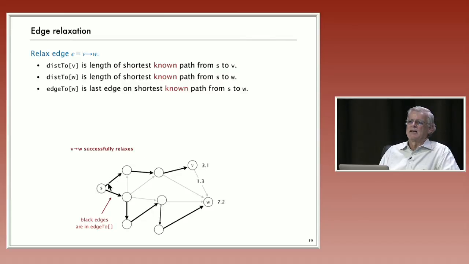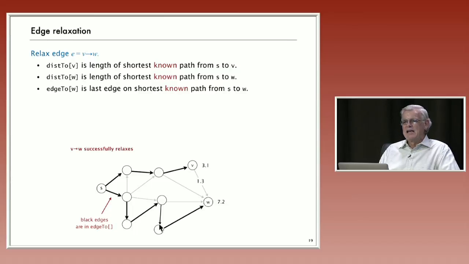At the point that we're going to relax this edge, we'll have our data structures in process, distTo and edgeTo. We haven't seen all edges, we haven't seen all paths, in the intermediate part of some algorithm. But we'll try to make sure that distTo[v] for every vertex is the length of the shortest known path to that vertex, and that's going to be the same for w.